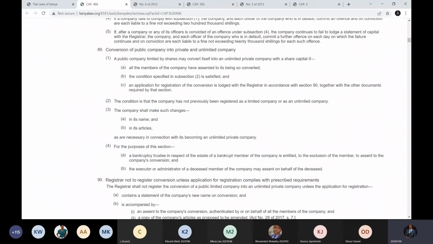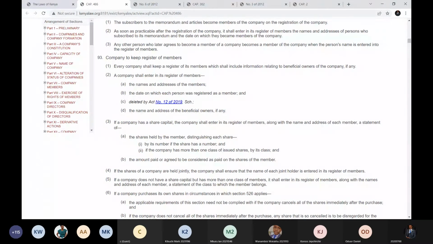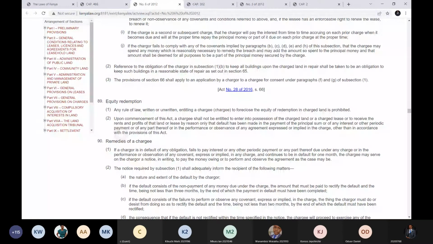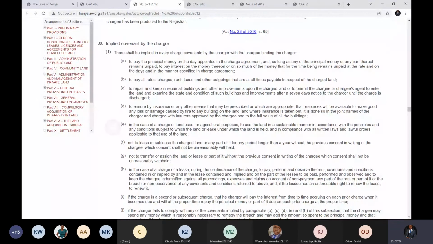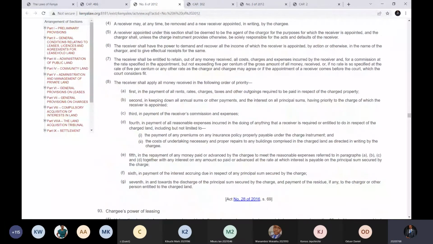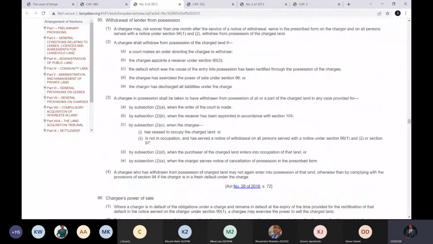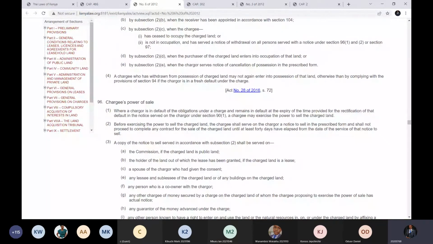Oh, that's the Companies Act, sorry. It's the Land Registration Act. Let's go to 90. So you have 90, 91, 92, 93, 94. All those are remedies, but 96 is the one that's specific to the chargee's power of sale. So that's where the answers are, 90, 96. But read all those provisions together.